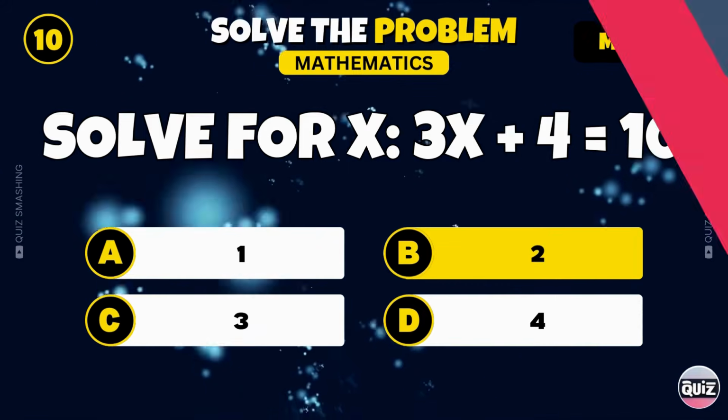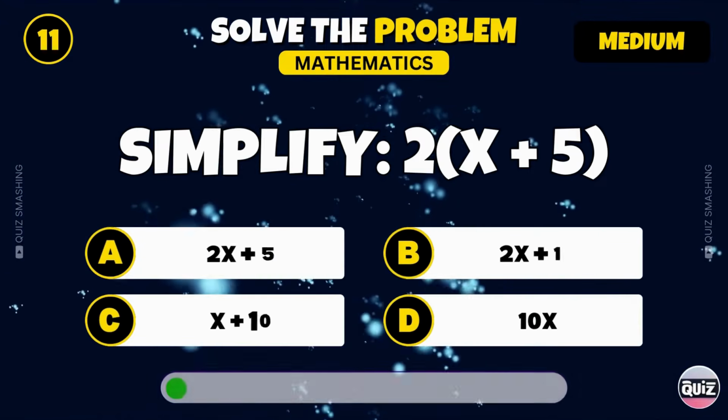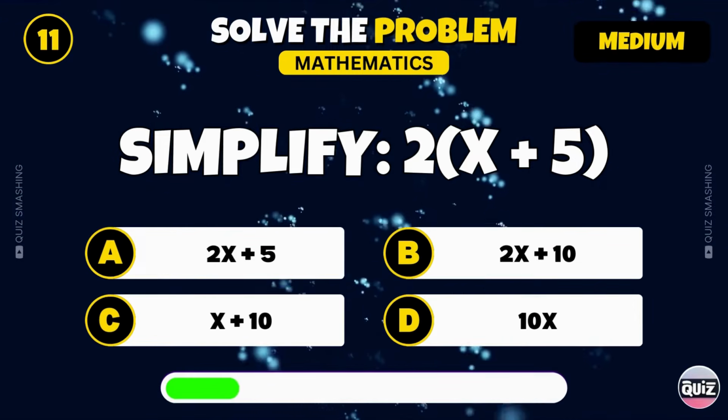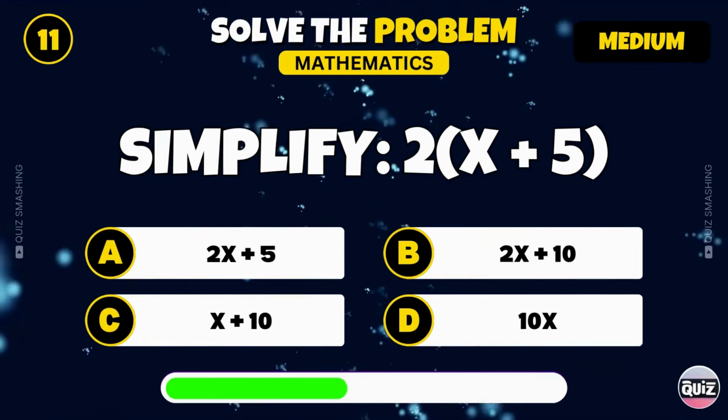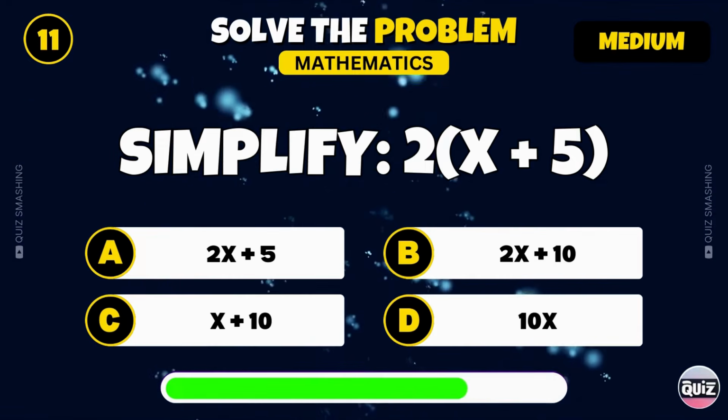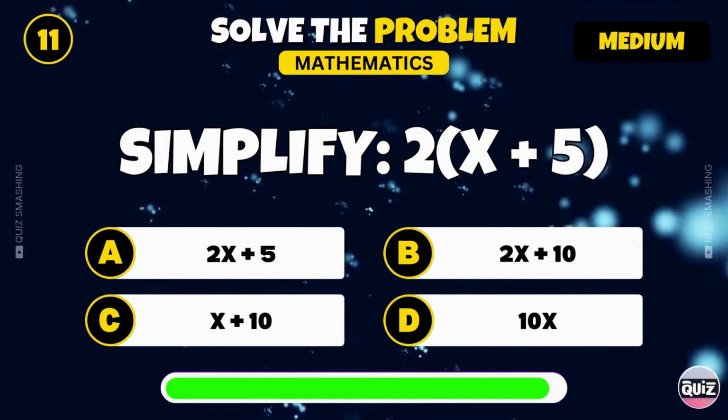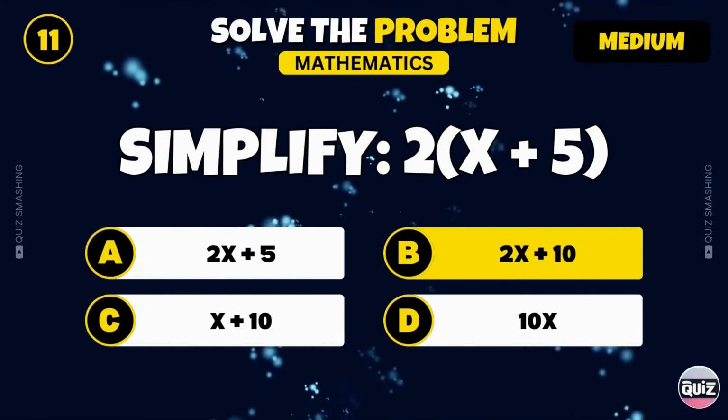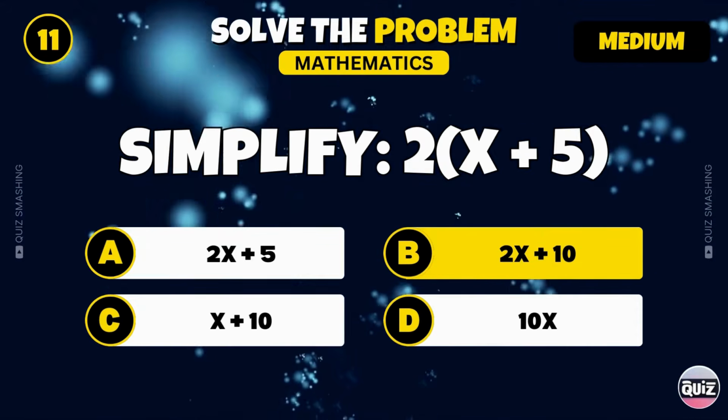Correct, x equals 2. Simplify 2 times (x plus 5). You got it. The answer is 2x plus 10.